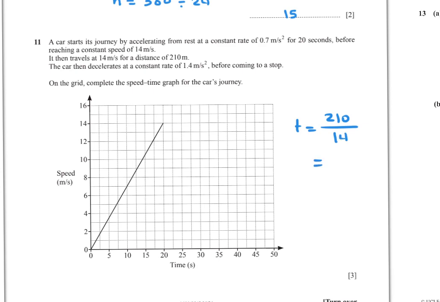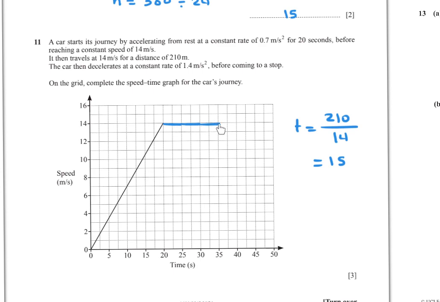So the time equals 15 seconds. So each two squares represent 5. So 15 means 6 squares, because each 2 represent 5. So this is the time for constant speed. So the constant speed is represented by the horizontal line from 20 till 35, because 15 seconds.